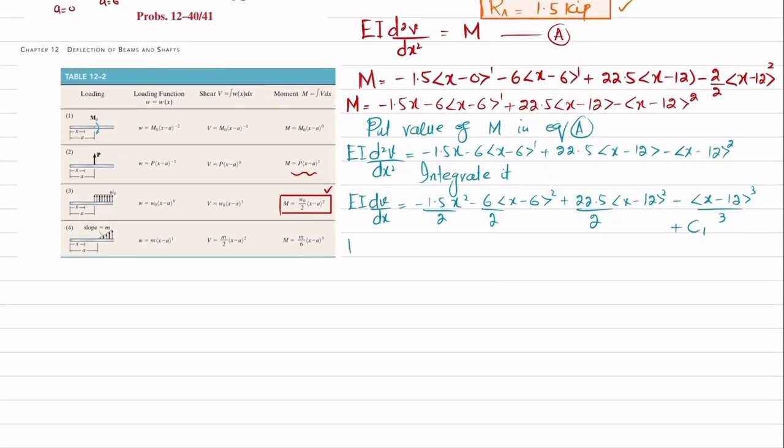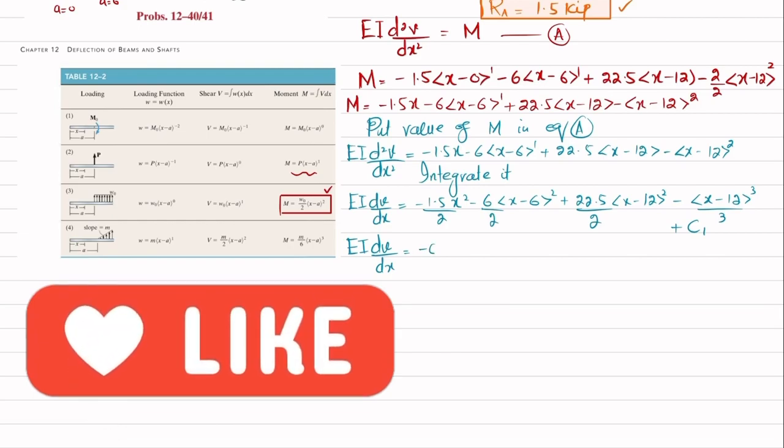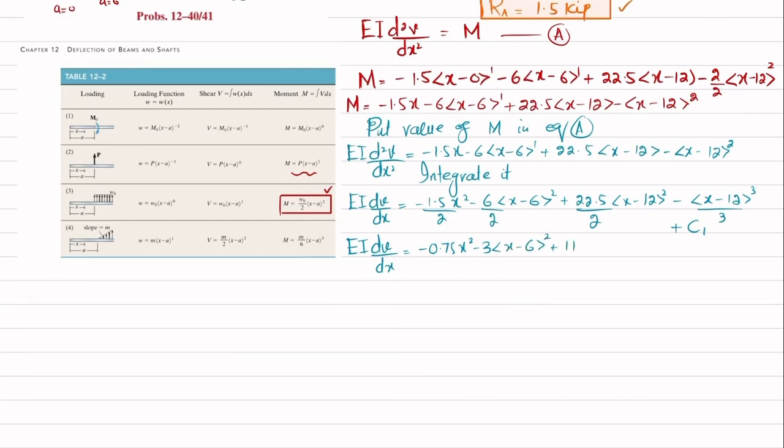If you further simplify it, you will get EI into dV over dx equal to minus 0.75 x square minus 3 times x minus 6 square plus 11.25 into x minus 12 square minus 1 over 3 into x minus 12 whole cube plus C1. Let this be your equation number 1.